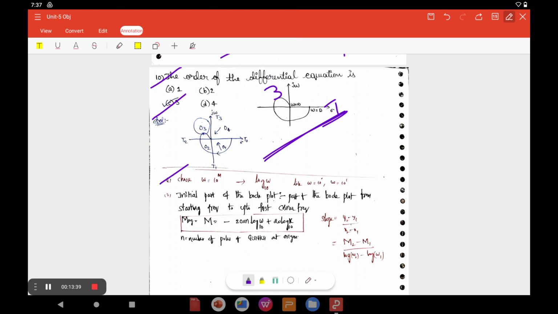There are different formulas for the Bode plot, for the starting frequency. For the Bode plot, whenever you calculate the initial part, that is, from the starting frequency to the first corner frequency, we call it the initial plot. At that time if you want to find the magnitude, this is the formula: M is equal to -20 n log omega + 20 log K, where n is the number of poles at the origin. For different values of omega, if you take omega is equal to 1, at that time we will get the K value.